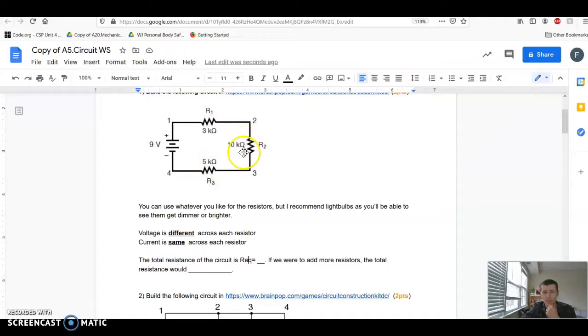So we'll get 3 plus 10 plus 5, or a total of 18 kilo ohms as the answer. And if we added more resistors, well, we'd add those together as well. So that would increase our resistance.